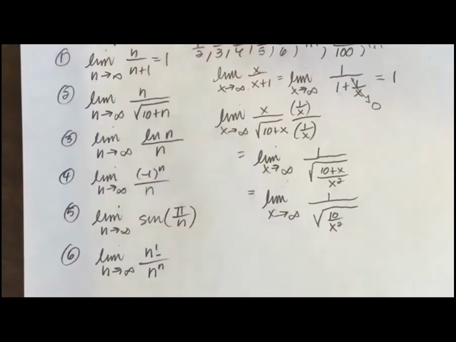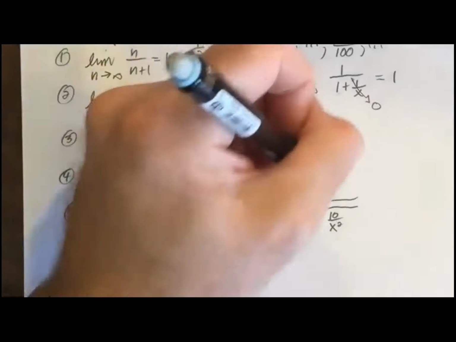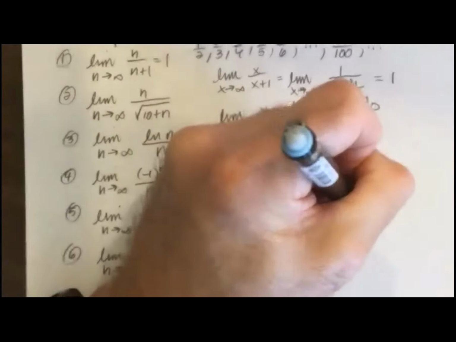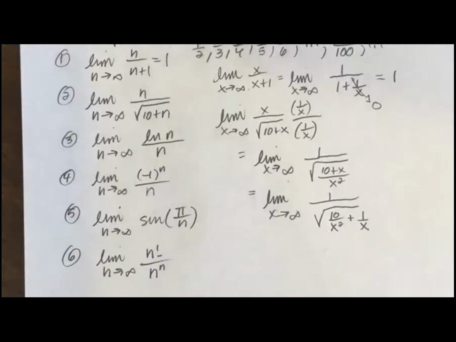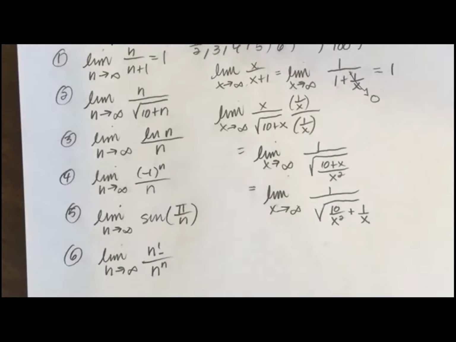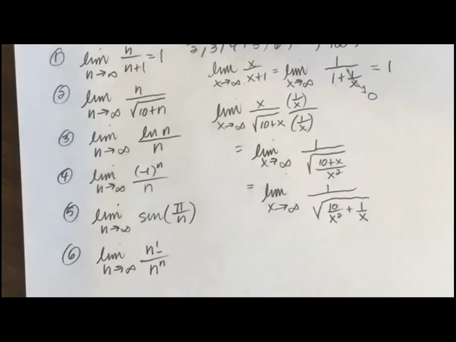And then over here, I'm going to have 1 over x. I think that looks right to me so far.